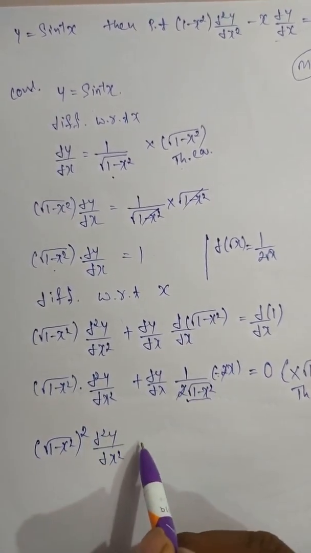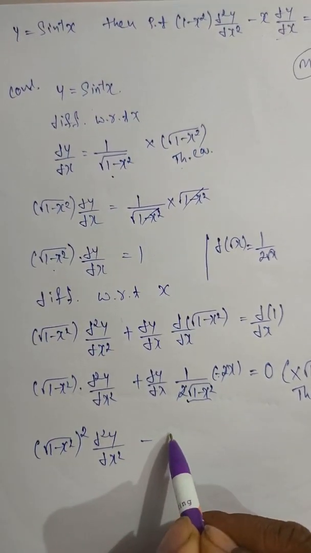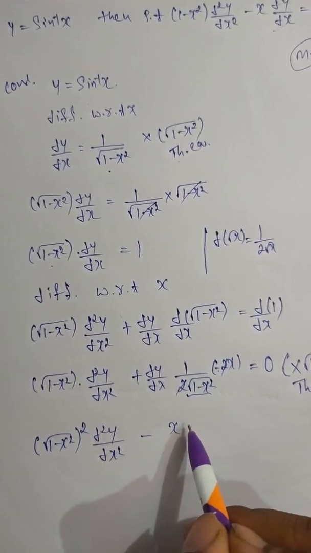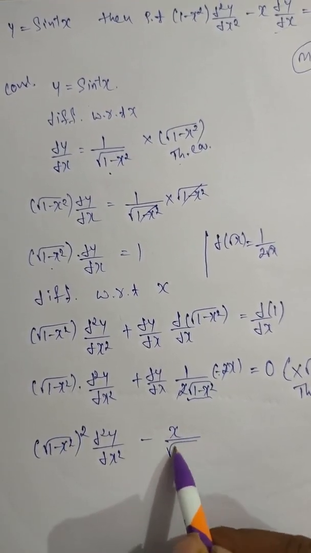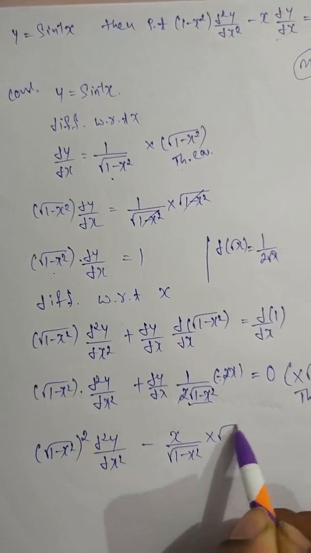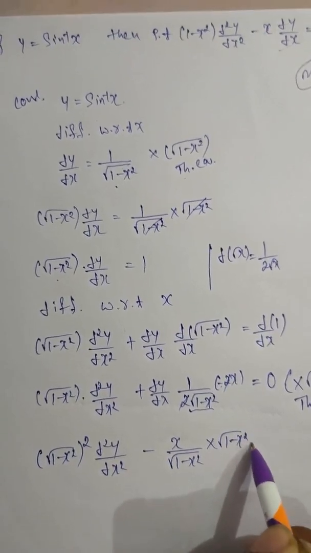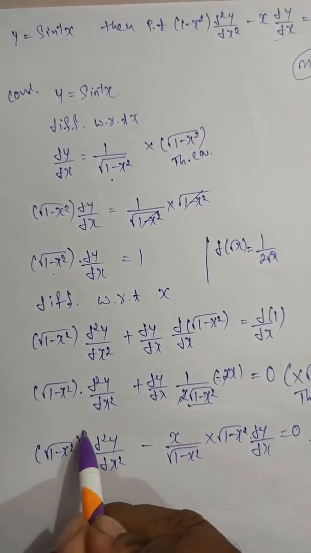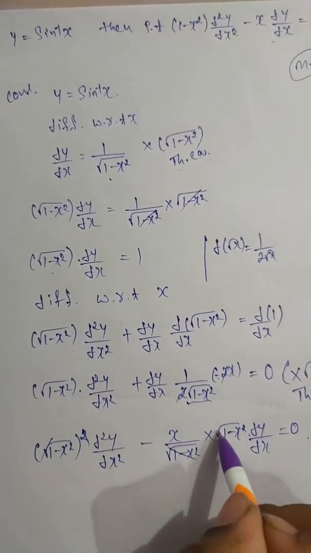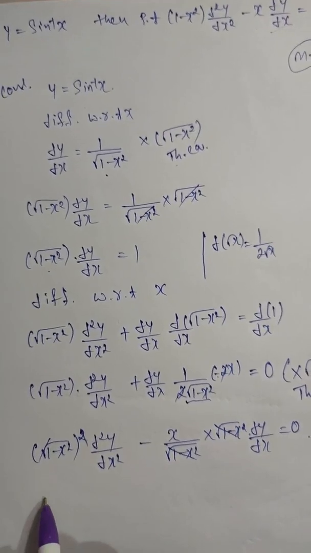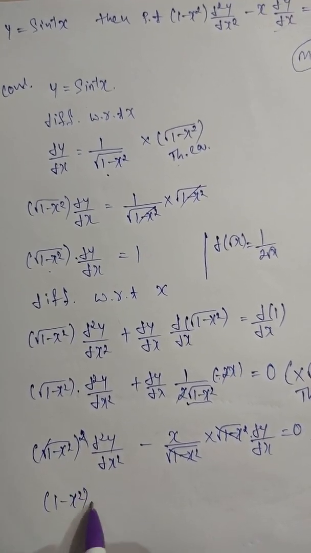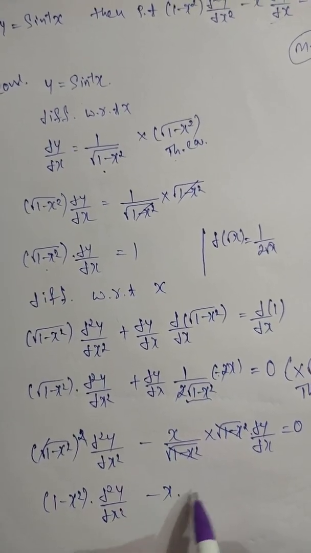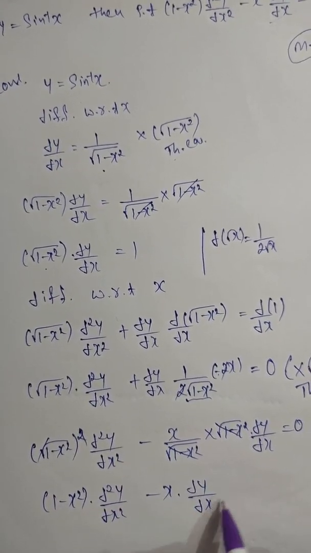I am writing minus x into minus x by root of 1 minus x square into root of 1 minus x square into dy by dx is equal to 0. Now the square and root cancel. Root of 1 minus x square, root of 1 minus x square cancel. We are left with 1 minus x square into d square y by dx square minus x into dy by dx is equal to 0.